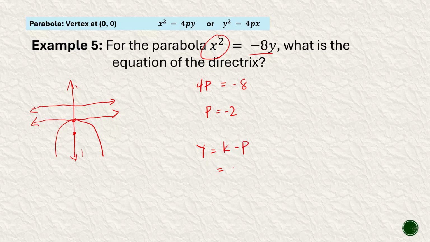Since k is 0, this is 0 minus negative 2, which means y equals 2 is the equation of our directrix. And you can see that from the graph. So just in case you don't know the formula, understanding the location of the directrix will also tell you the equation of the directrix.